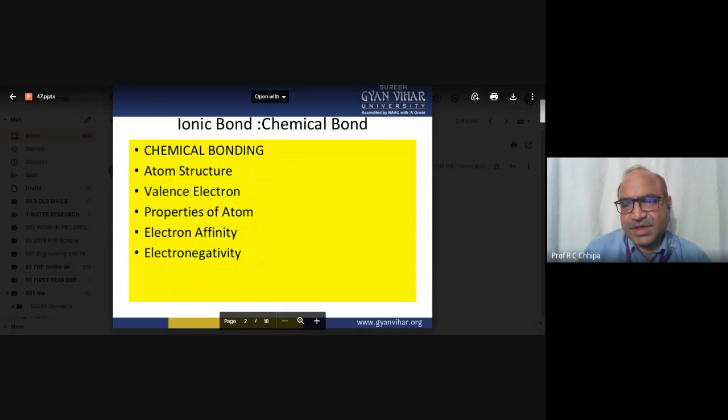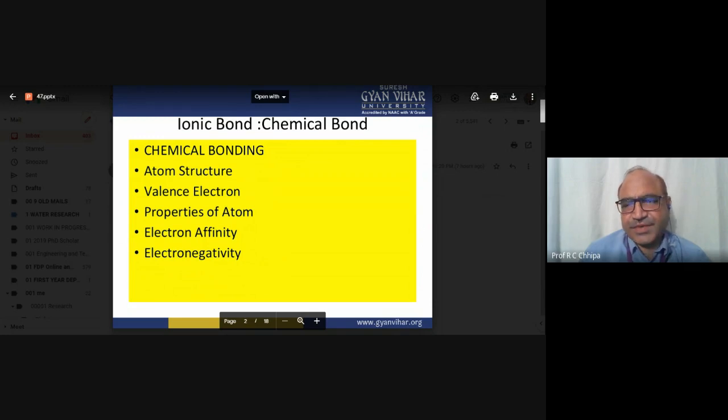For example, in the case of hydrogen, the valence electron is one, so the valency of hydrogen is one. In the case of oxygen, the valency is two, with two electrons for the purpose of sharing. In the case of nitrogen, it is three, and carbon is tetravalent. So those are the valence electrons.